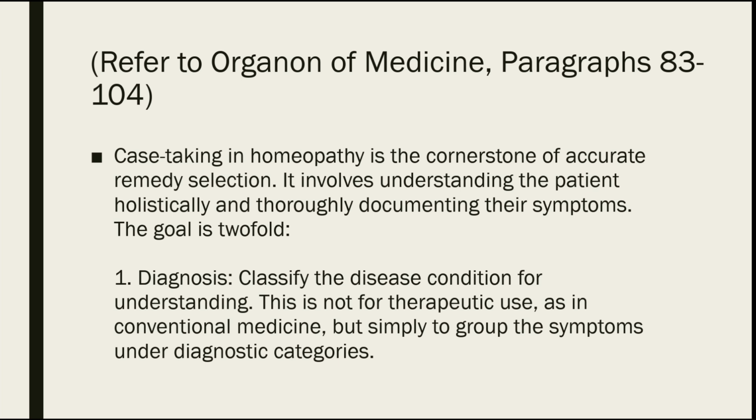But we should know the naming of the diseases, and the diagnosis is the naming of the disease, and to understand the complications, risk factors, and prognosis, that is, the end result of the disease. So we should understand all those things, and for that we should learn diagnosis. That's why diagnosis is to classify the disease condition for understanding, and it is not for therapeutic use. Conventional medicine means allopathic, that's English medicine.